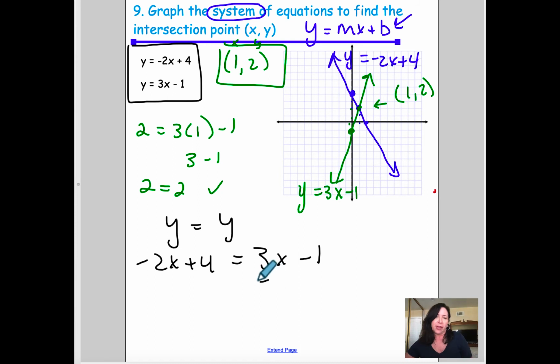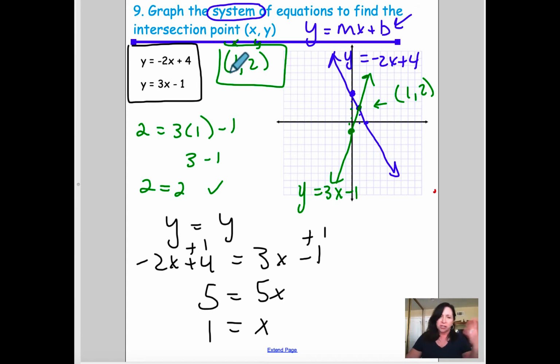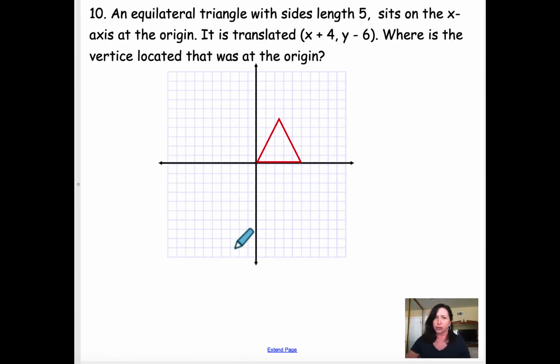Add 2x to both sides, I get 5x. Add 1 to both sides, and I get 5x equals 5. Divide by 5, I get x equals 1, which we have. And then I would just go back up and plug 1 back into my equation to get the 2 or the other value. So just heads up, multiple ways of solving for sure.